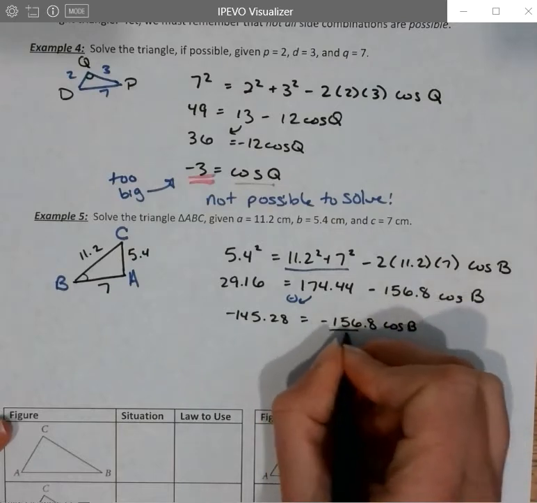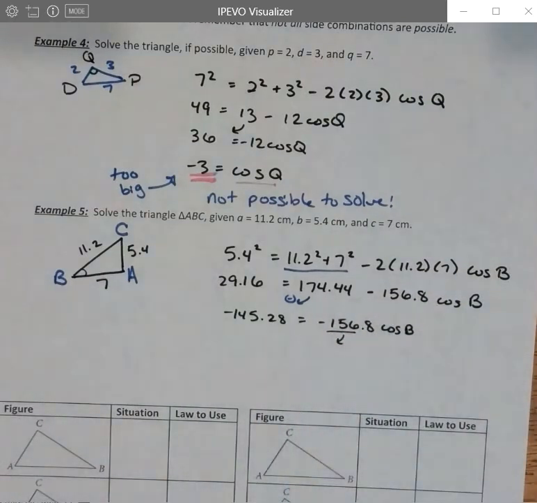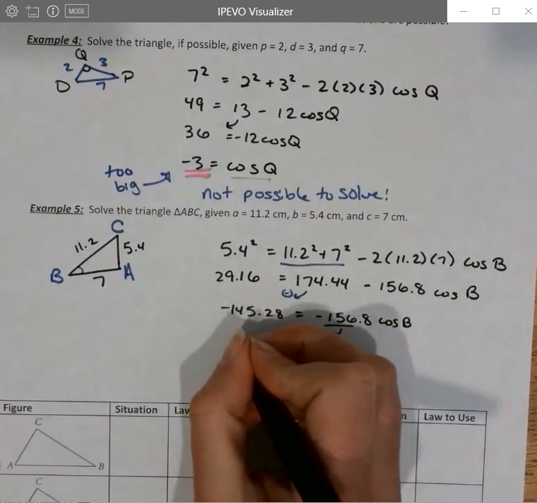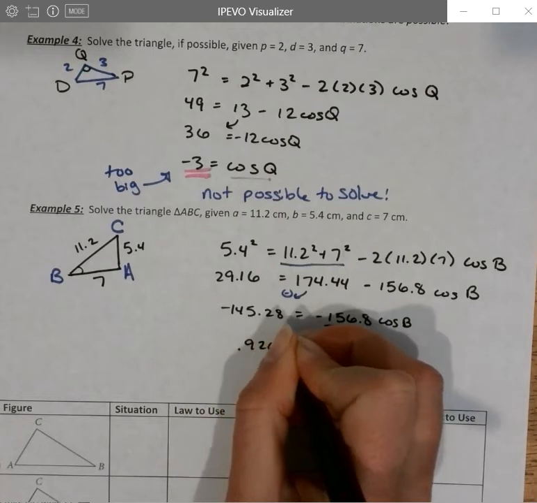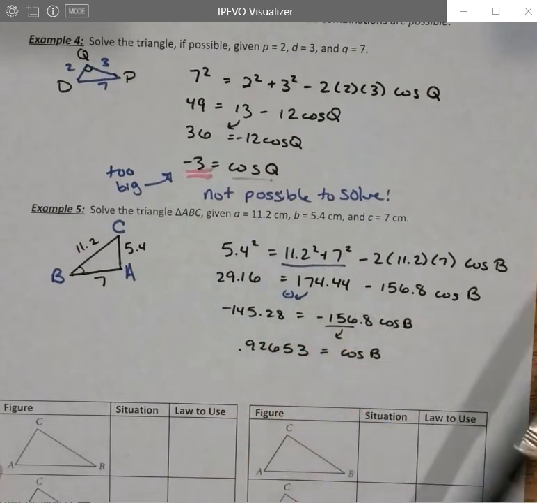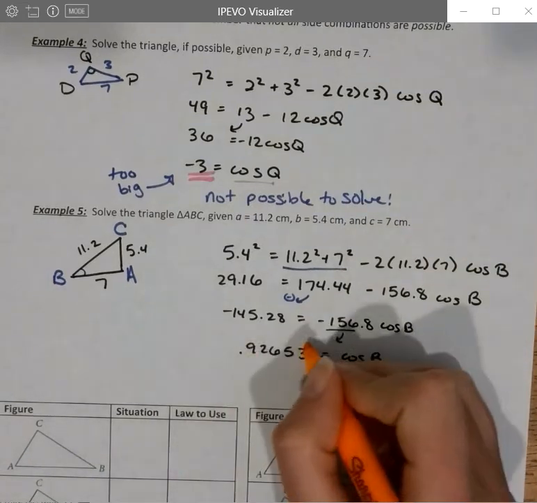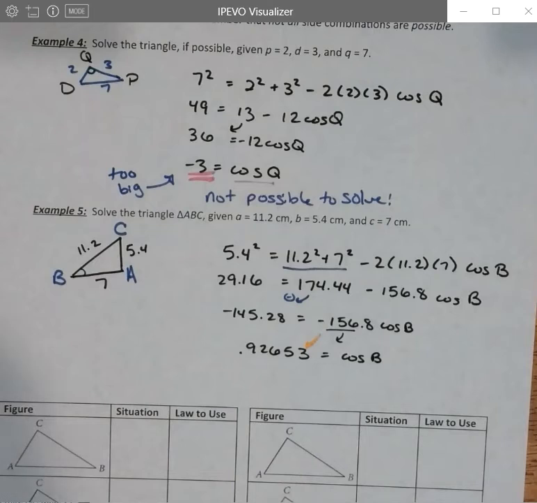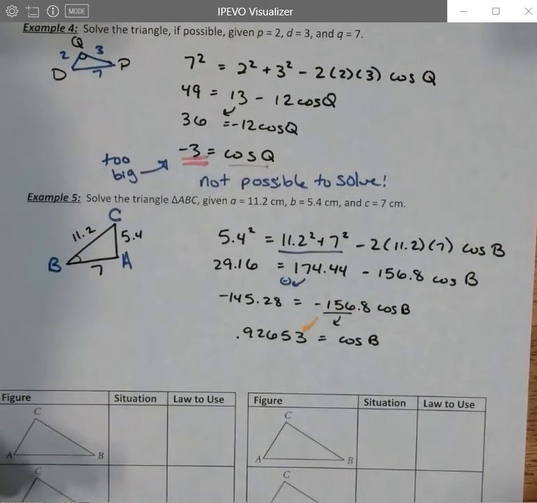Now divide both sides by negative 156.8, which gives us 0.92653 equals cosine B. Now, we are in much better shape because this value is between negative 1 and 1, so we're able to take the arc cosine of both sides.